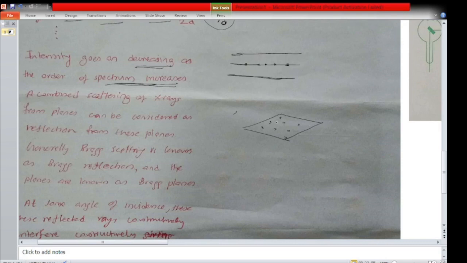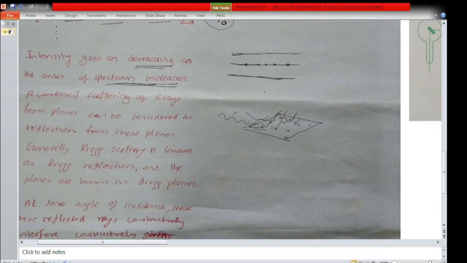So all these atoms will become a scattering center. When an X-ray comes, hits, it will scatter, and the next X-ray comes and hits, it will scatter, and all these atoms will become a scattering center from that plane. Okay, crystal plane, and all together that will form a reflected wave.